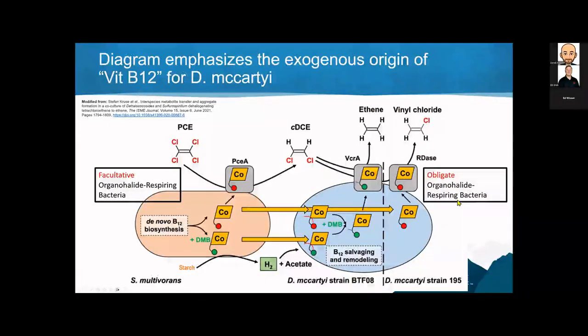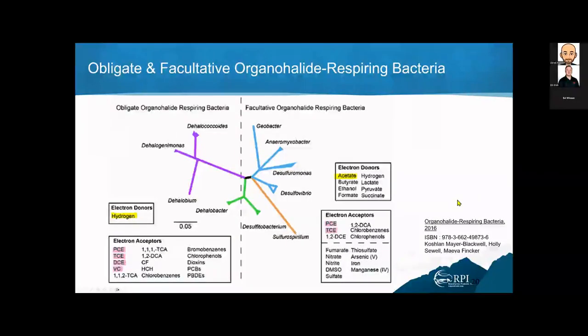So I want to show you a chart that'll help you think about that a little bit better. That's here. Now on the left-hand side of the chart, flipped from what I previously showed you, is the obligatory organohalide respiring bacteria, of which Dehalococcoides mccartyi is probably the best known, though Dehalobacter is also well known.